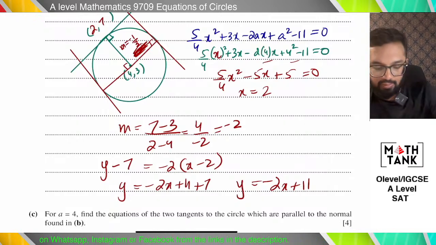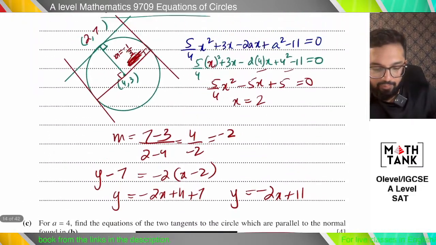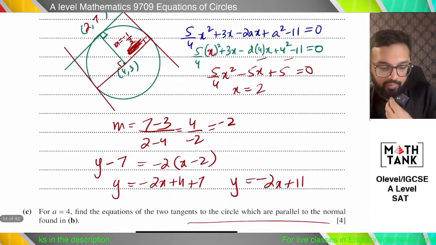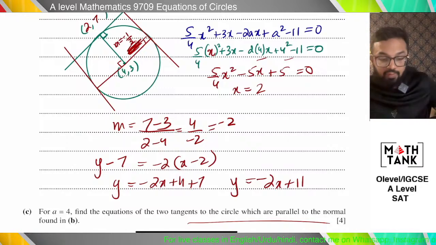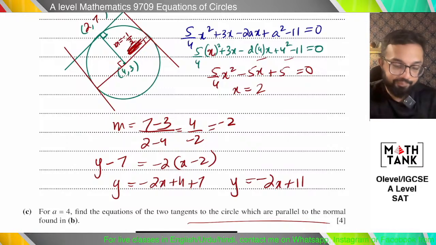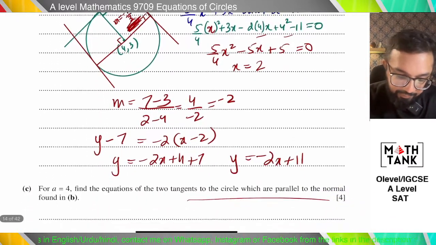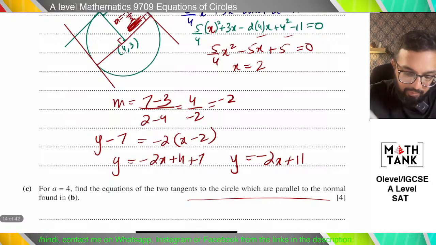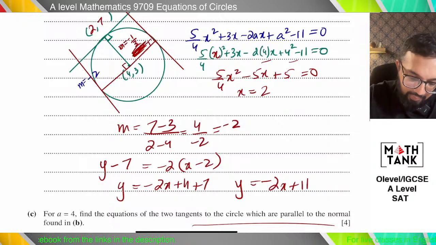And for the last part, find the equation of the two tangents which are parallel to the normal found in B. What would happen is that these lines would look like this, parallel to the normal, so they would all have the gradient of minus 2.